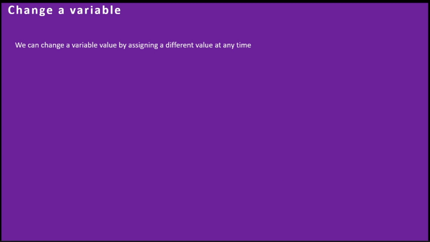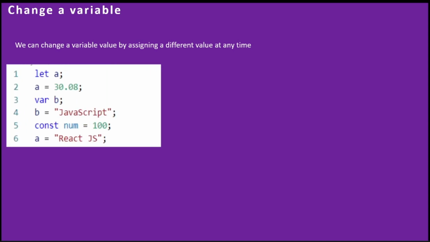Let's see, we can also change the variable whenever we want, at a different time. At any time, if you want to change the value of your variable, you can do that. How will we do that? See, this is an example, the same example. We have created 3 variables. On line number 6, you can see now a equal to React.js. First, on line number 2, I set the initial value, that is 30.08.